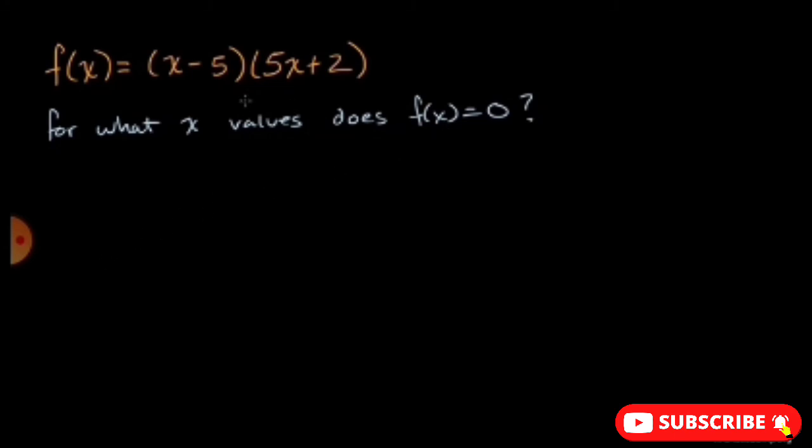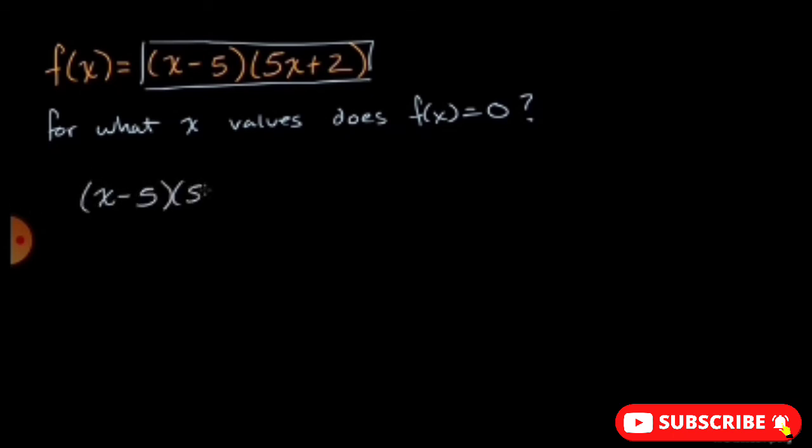So to do that, well, when does f of x equal 0? Well, f of x is equal to 0 when this expression right over here is equal to 0. And so it sets up just like the equation we just saw. x minus 5 times 5x plus 2, when does that equal 0? This is just like what we saw before, and I encourage you to pause the video and try to work it out on your own.